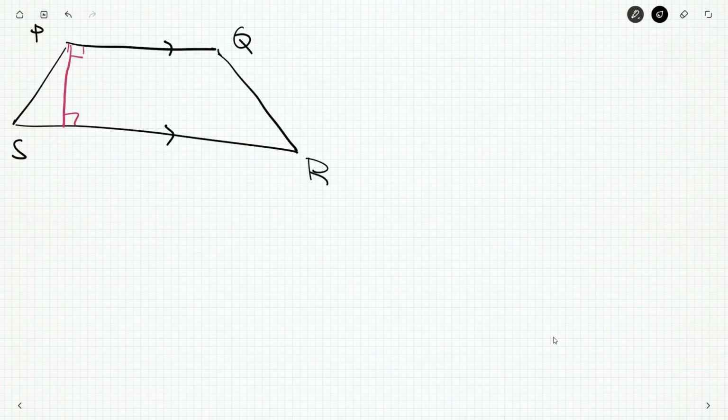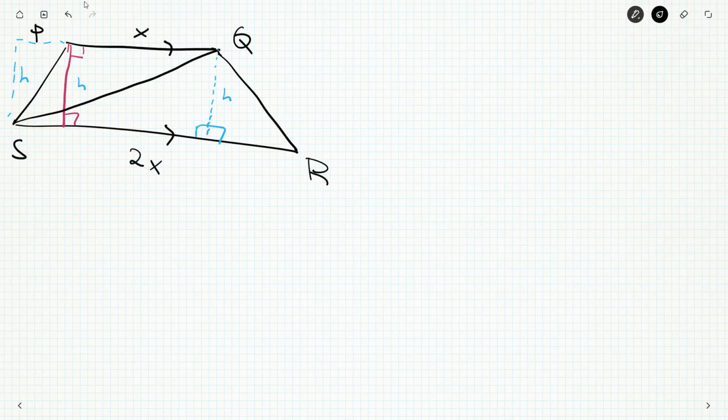And this height is the same as the height for QRS, and it's the same height for PQS. So we might call this h. Doesn't really matter what it is. But as I've already said, PQ is x and RS is 2x.